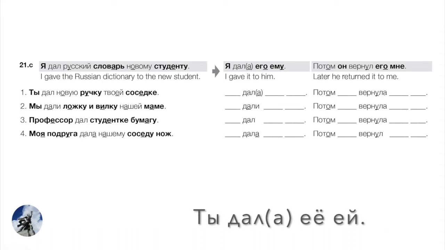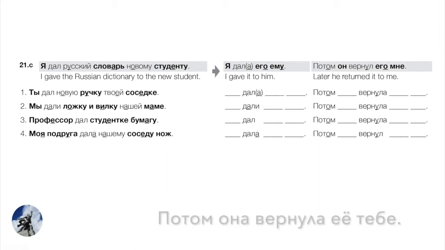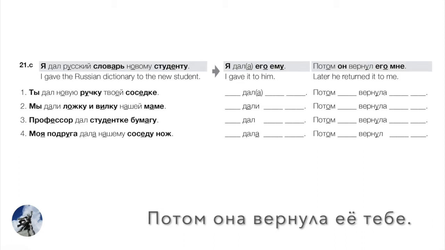Ее to your female neighbor, dative ей. Ты дал ее ей. You gave it to her. Then she returned it to you. Потом она, that is the neighbor, вернула ее, that is it, the pen, тебе, the dative of ты.